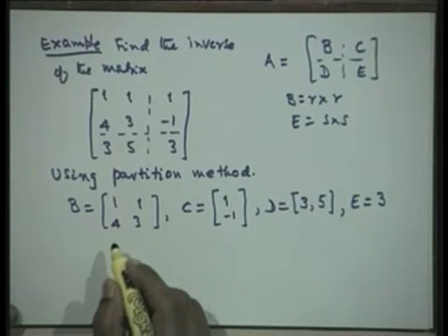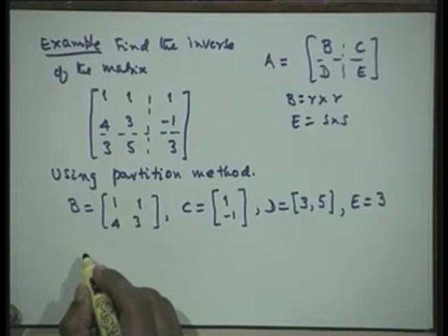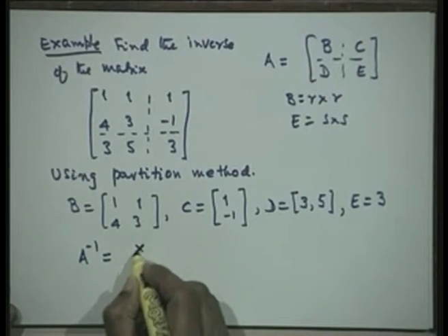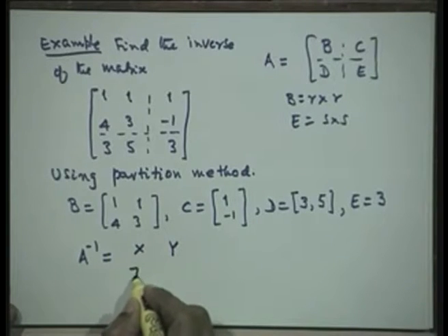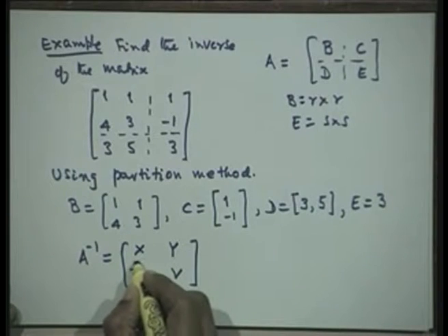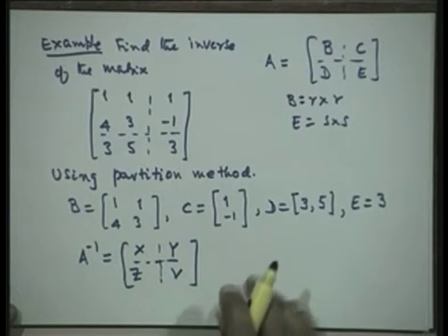Now, in order to find the inverse by the partition method, let us also partition A inverse as we have partitioned this, as x, y, z and v. We partition it as this particular thing.